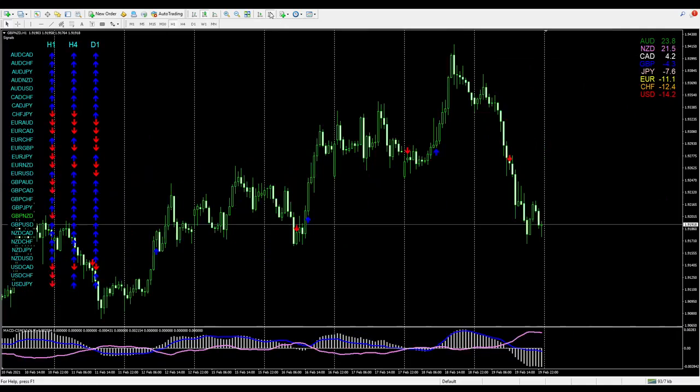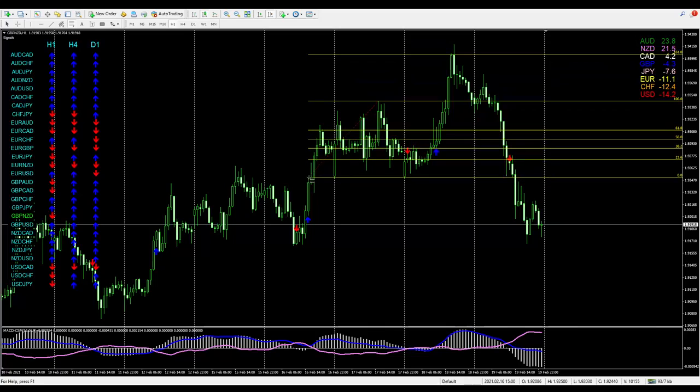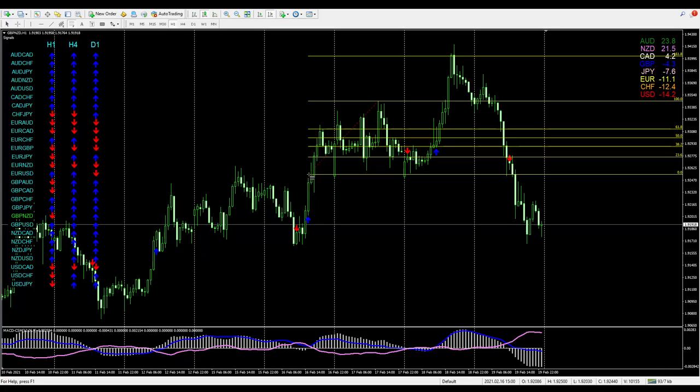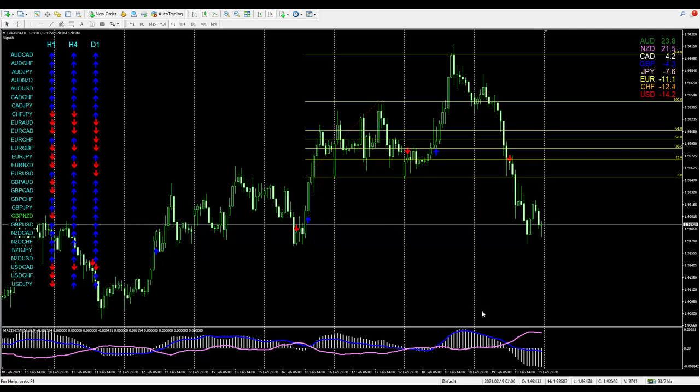On H1 too, the same. So here is the GBPNZD buy for H1. This was last Thursday, and we would plot it like this. So it's going to be around here. Actually, yeah, this is how I plotted it.